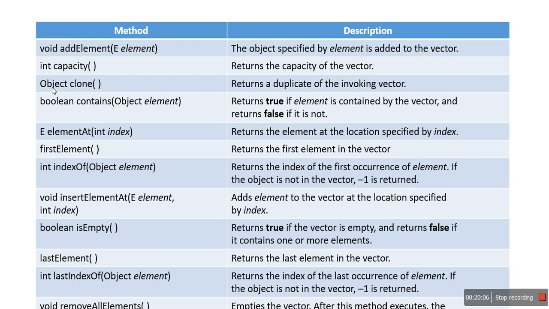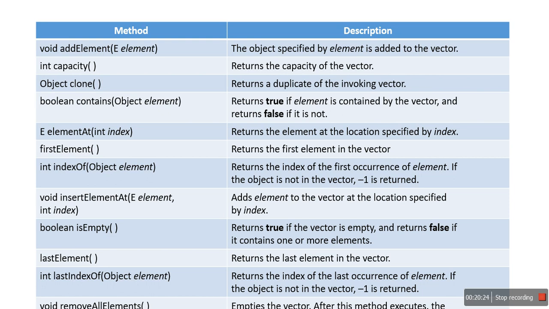Next, Object clone. The use of clone is that it returns a duplicate of the invoking vector. The general meaning of clone is duplicate.